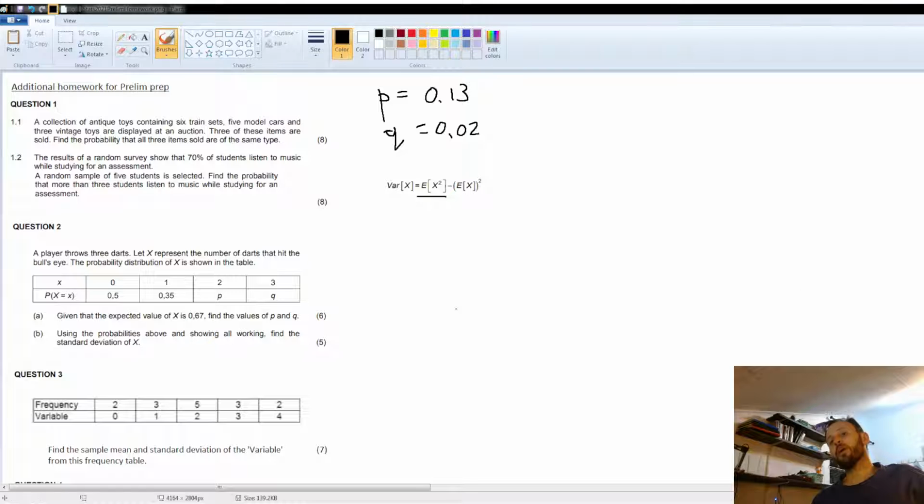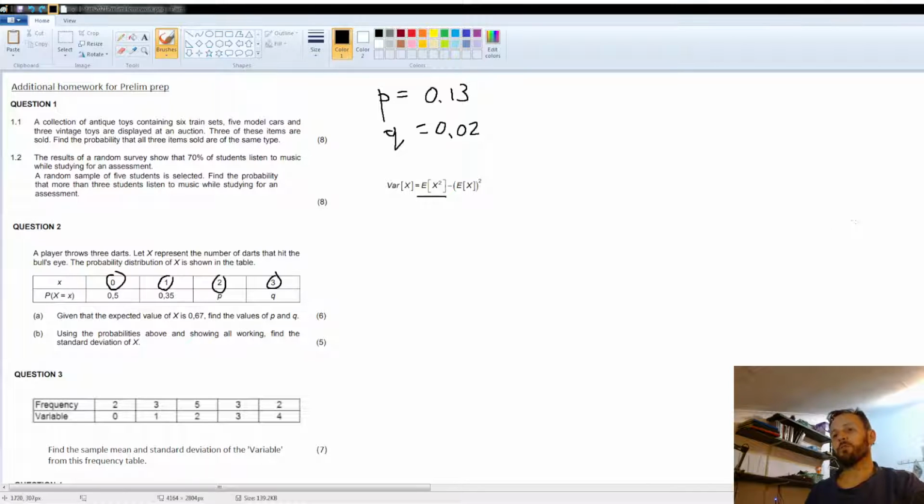You only square the value of the variable. In other words, the 0, the 1, 2, the 3, that's the thing you square when it goes in here. You never square probabilities. The only time ever in mathematics or physics that you square probabilities is in quantum physics, which is not what we're doing. So just as a rule of thumb, don't square probabilities. It's a bad idea.